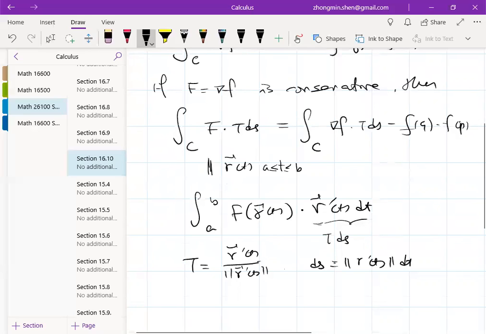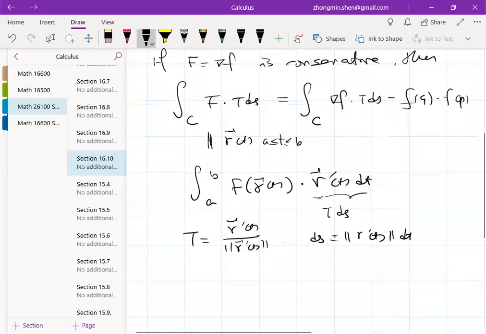That's why you end up with that. So you have two options. If you don't recognize that the vector field is conservative, then you have to use a parameterization and use the formula below. Sometimes it's quicker to find a little function f so that the vector field is the gradient of f, and once you find the little f, you can quickly evaluate this line integral.